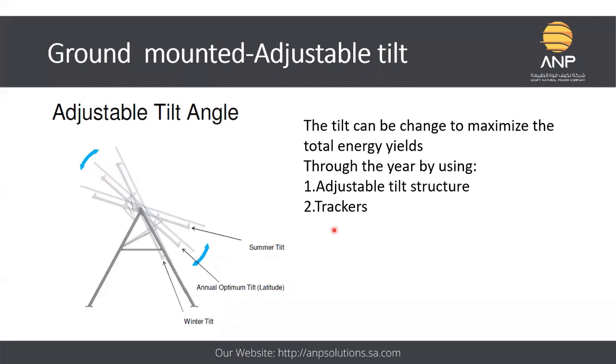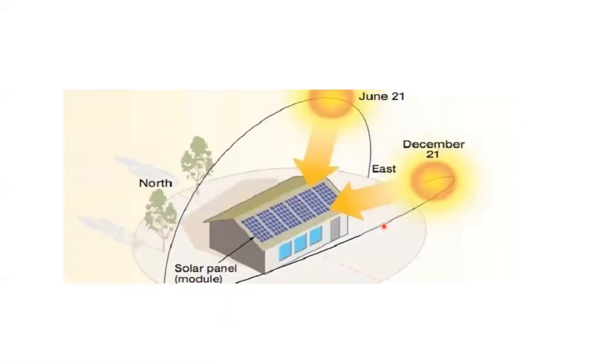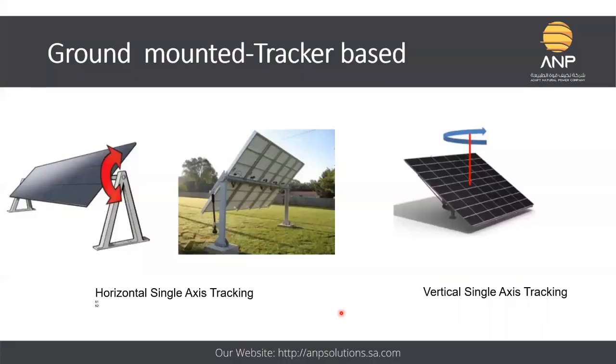The tracker, as the name indicates, means we are tracking something, and what we are going to track is obviously the sun, because the power will be generated from the sun. In this particular case, your structure will adjust the tilt automatically as per the solar position.